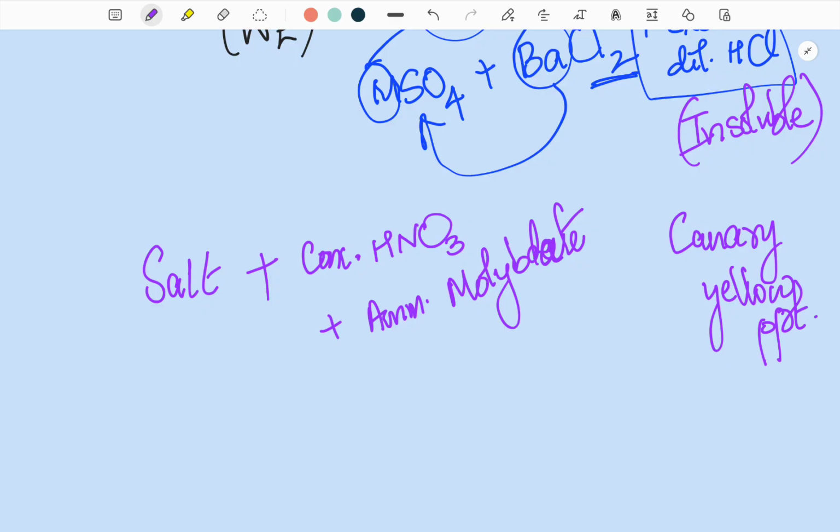If you're getting this yellow precipitate, then that precipitate is ammonium molybdate phosphate. And this is the identification test, not confirmation, for the phosphate ion. So you can say that the ion present is phosphate, and of course you need to confirm it.